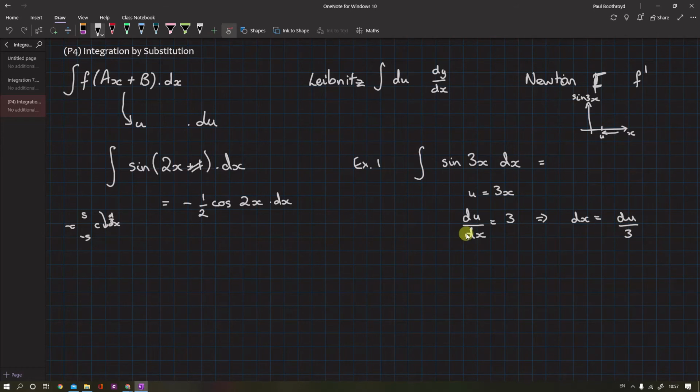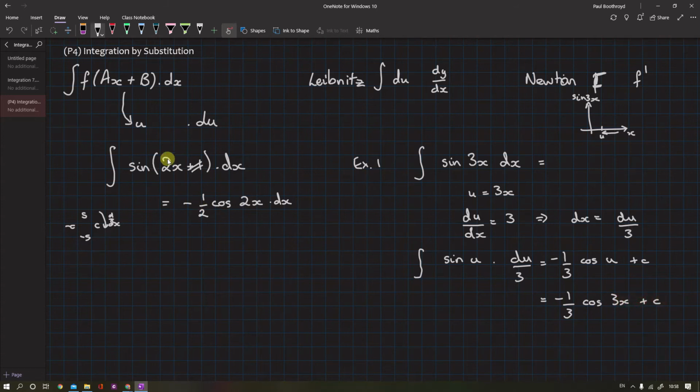Okay, so now I can do the integral of sine of u with respect to du over 3. So it is now 1/3 of minus cos of u plus a constant, and put it back into terms of x: minus 1/3 cos 3x plus c.